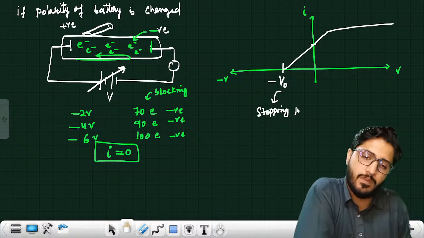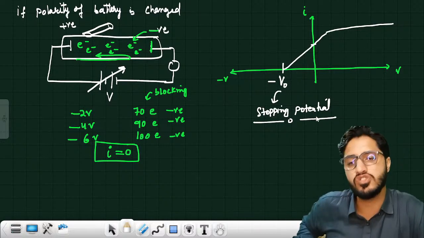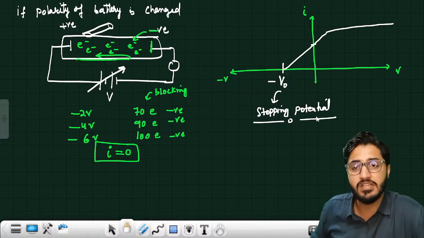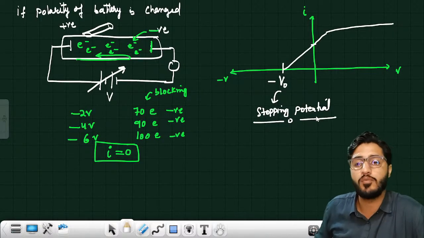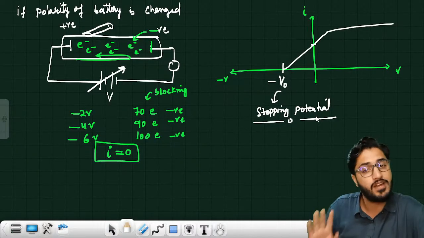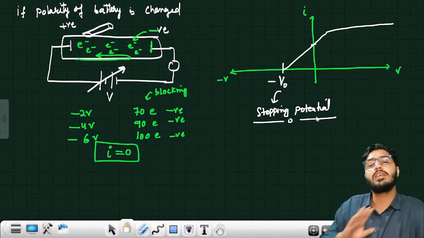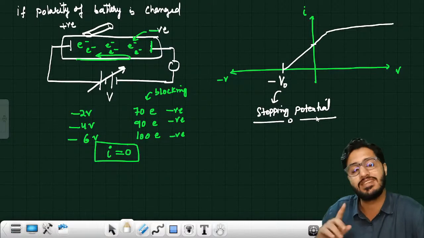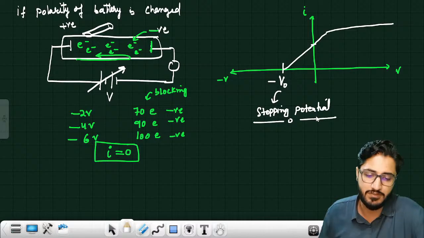Stopping potential is that value of potential at which my electrons stop reaching the negative terminal of the battery, hence the current in the wire is 0. When the current is completely blocked by the potential, that potential is known as stopping potential. Easy, no?